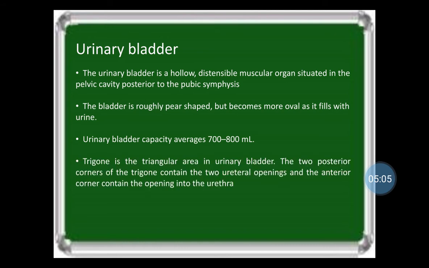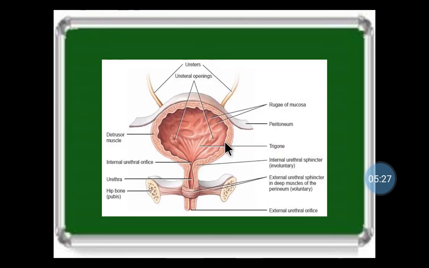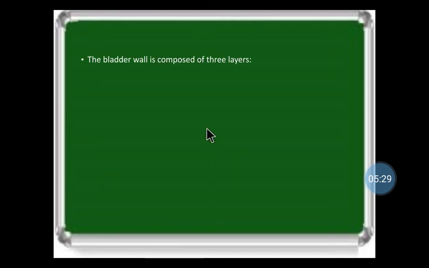Then here the trigone. We see this image. This area of the urinary bladder is called the trigone, and here are the three openings of this trigone, two for the ureters and one for the urethra, and this is called the trigone. Then the bladder wall is composed of three layers, the same as the ureter.